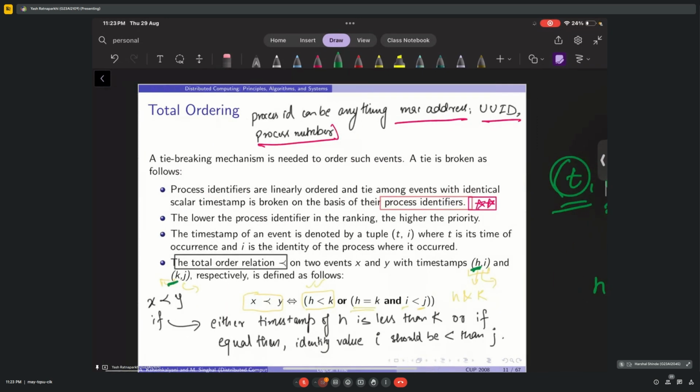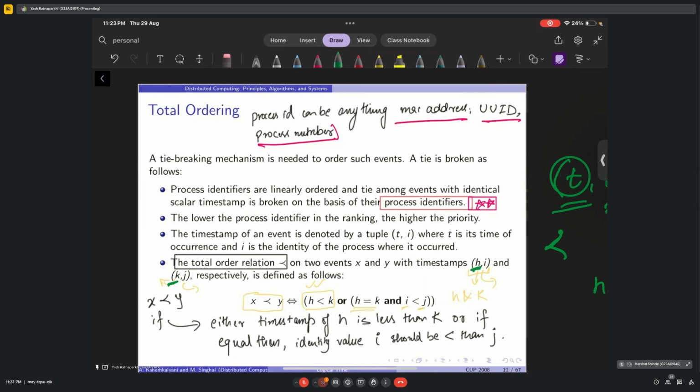So the total order relation, this symbol, is the total order relation on two events x and y with timestamps (h, i) and (k, j) respectively. It is defined as: x is in total order relationship with y if and only if h is less than k, or if h is equal to k, then i should be less than j.